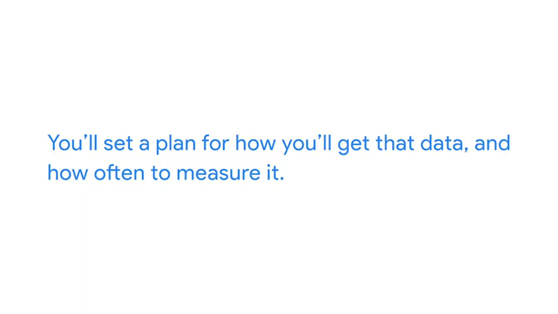Then you'll set a plan for how you'll get that data and how often to measure it. This could look something like having the company generate reports on a weekly, monthly, quarterly basis. In other situations, you might have employees or customers fill out surveys or look at inventory, shipping, and tracking records, things like that.